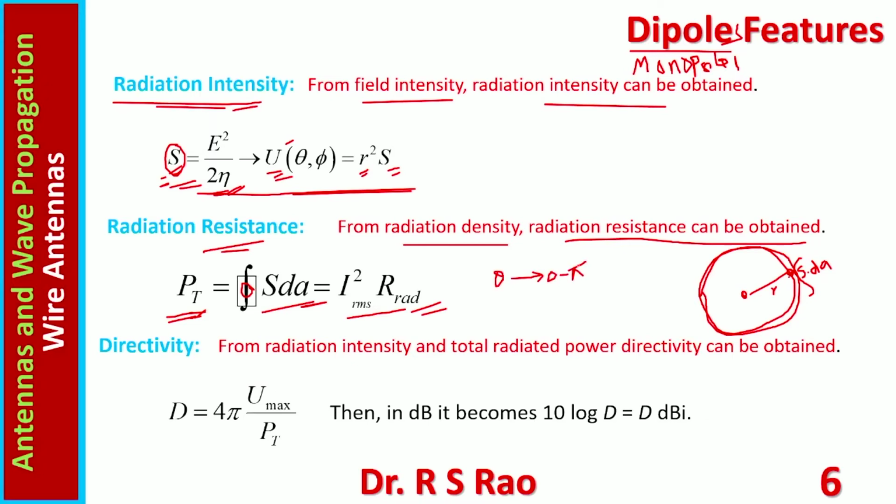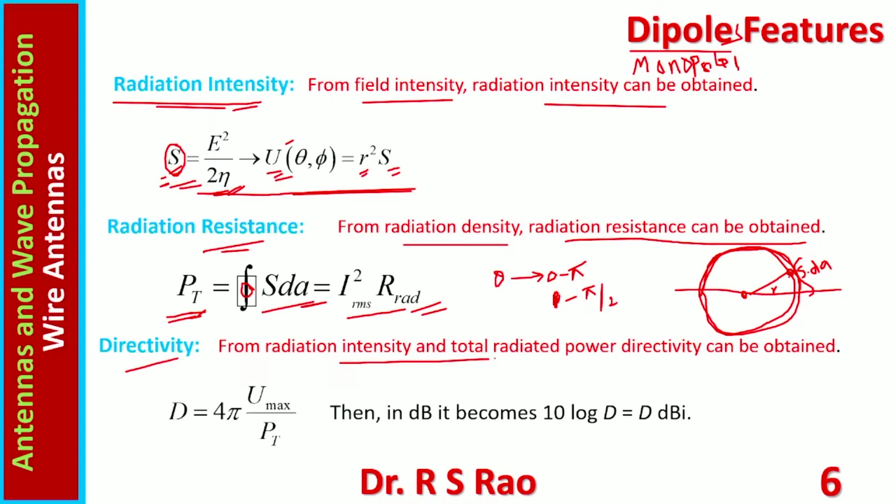In case of monopoles, however, as they radiate only in the upper hemispherical region, we integrate only over the upper hemispherical surface, so theta goes from 0 to pi by 2. This has to be kept in mind while computing radiation resistance.